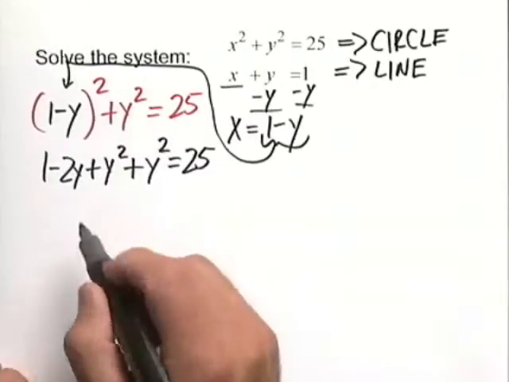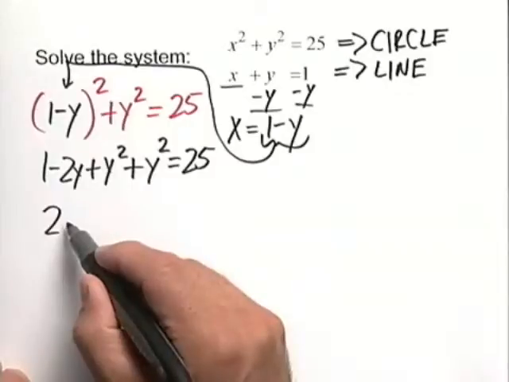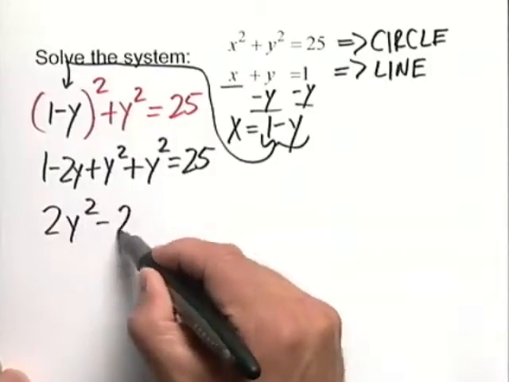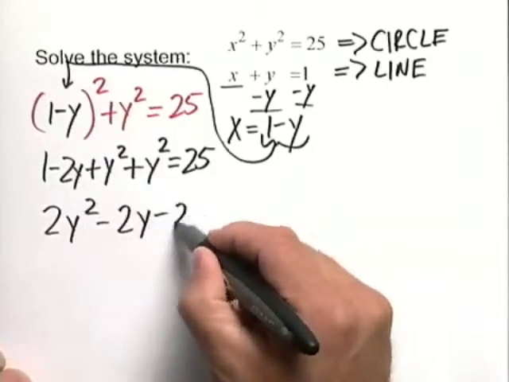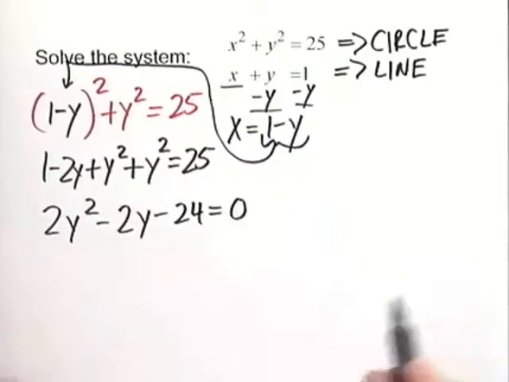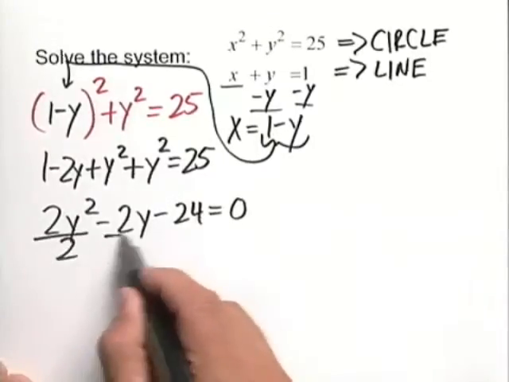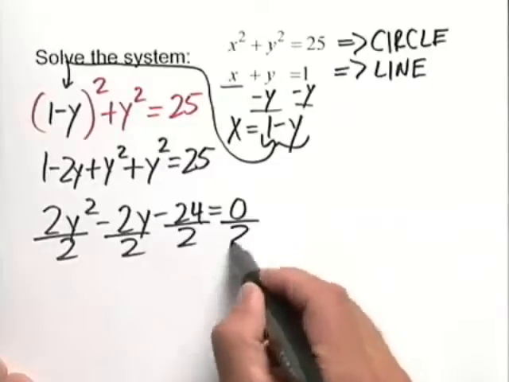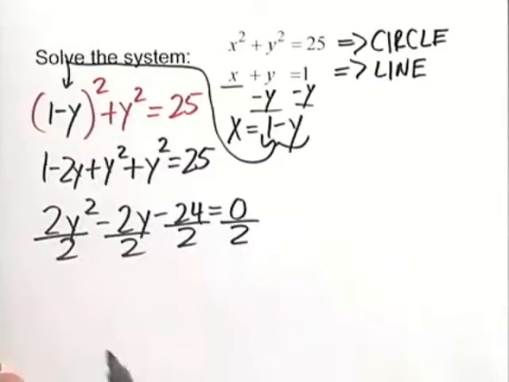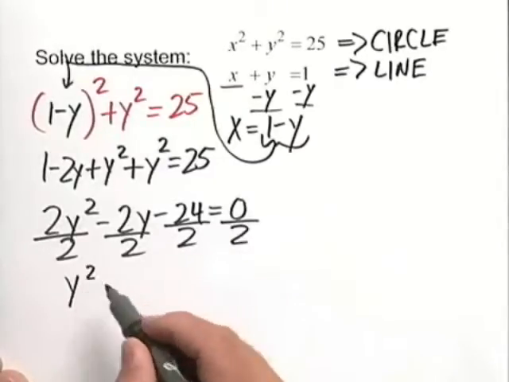Let's write that equation in standard form. We have 2y squared minus 2y minus 24 equaling 0. Remember, standard form is setting the whole left-hand side equal to 0. Now note that we have a common factor of 2 throughout, so I'm just going to go ahead and divide the left and the right-hand side by 2 to make our quadratic equation a little bit nicer.